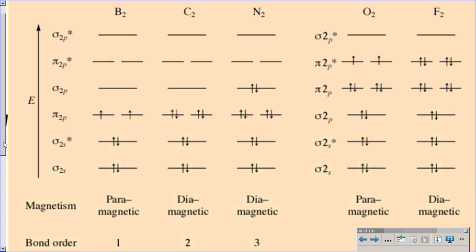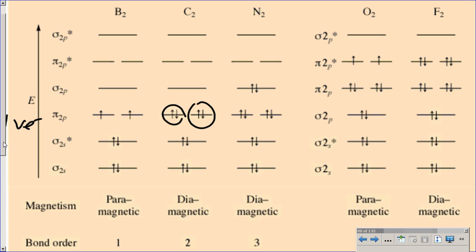This is valence electrons only in this energy diagram. So the sigma 2s is filled, the sigma 2s star is filled, and each of the pi 2p orbitals are filled.